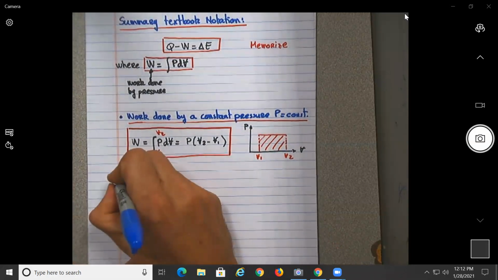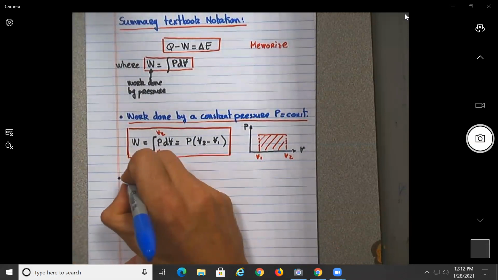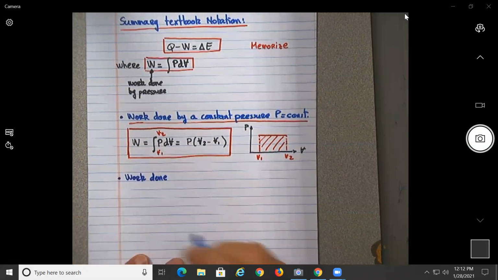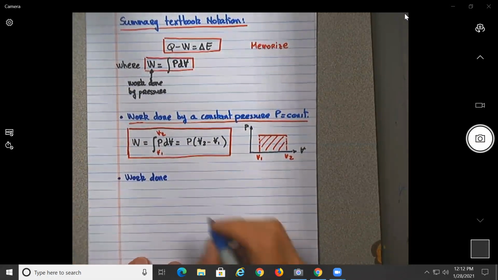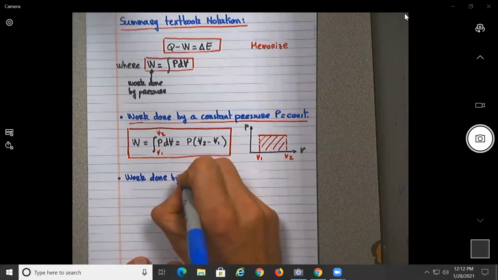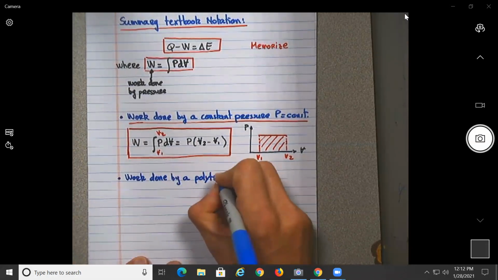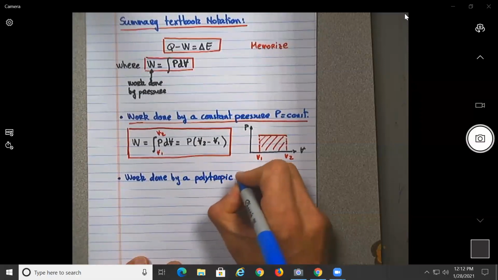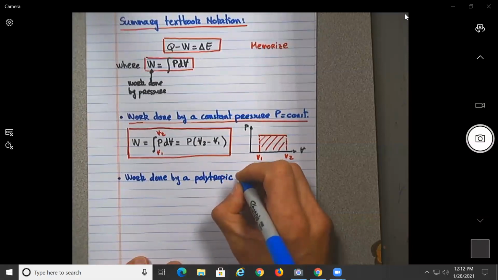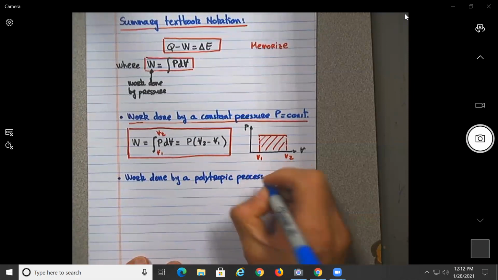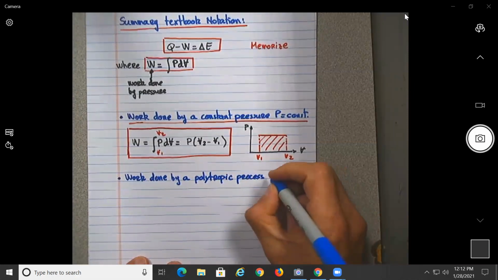Okay, and maybe we have time to do one more. Now, there's only one more case, but it has two different parts: work done by a polytropic process. So what does polytropic mean?